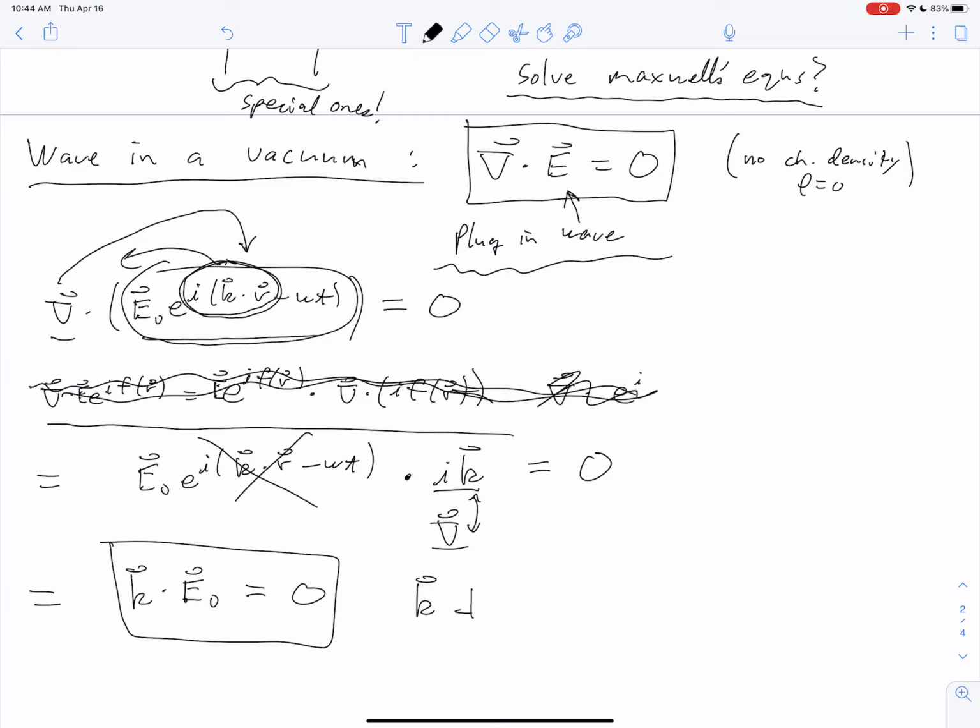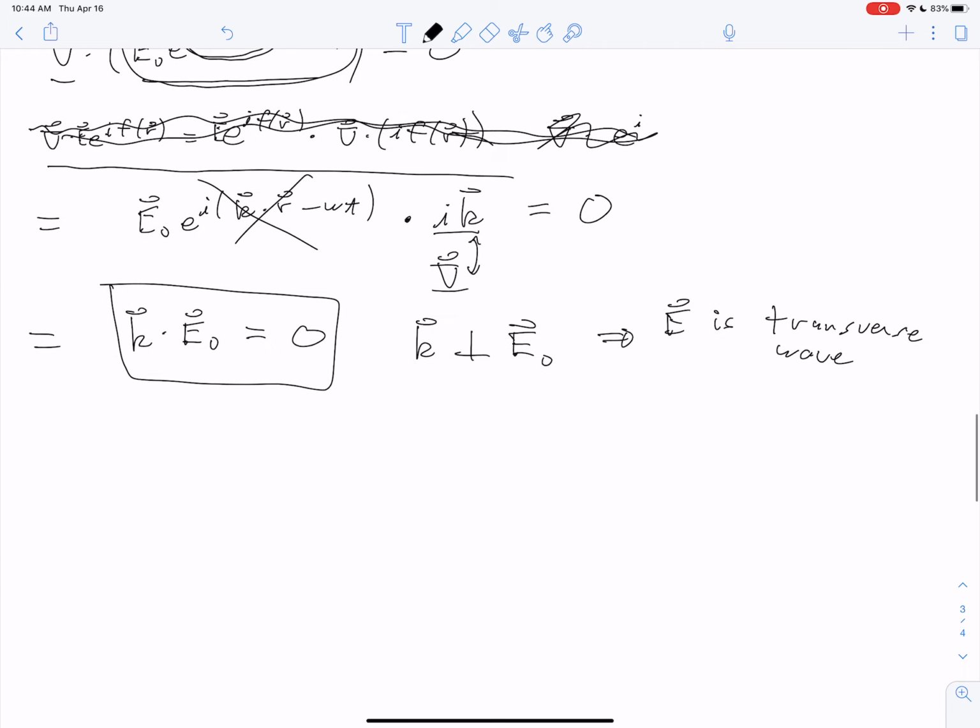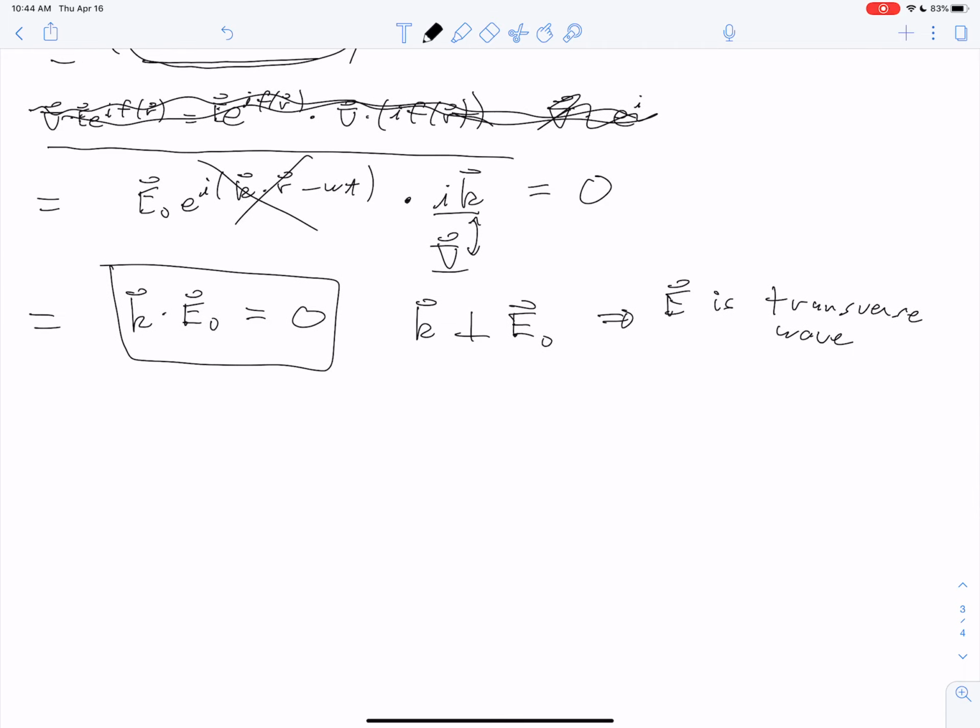And so this tells you that k is perpendicular to E naught. And that's a really important constraint. That means that the electric field part of an electromagnetic wave is transverse. It's a transverse wave. If I have k in this direction, we've just proven that this polarization, E naught, has to be perpendicular to it.